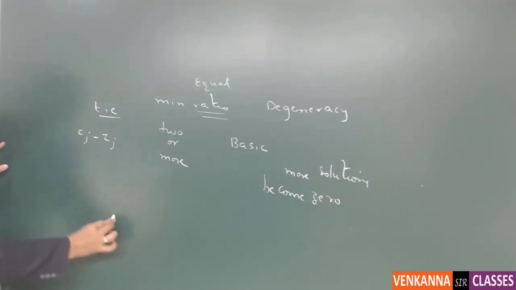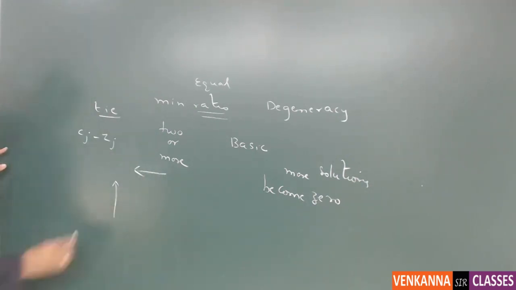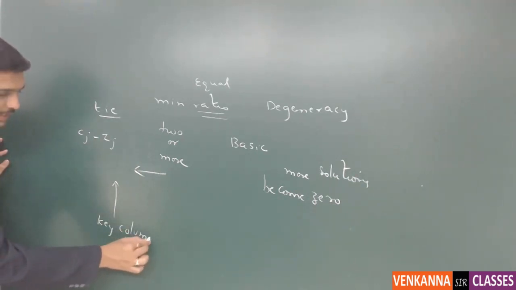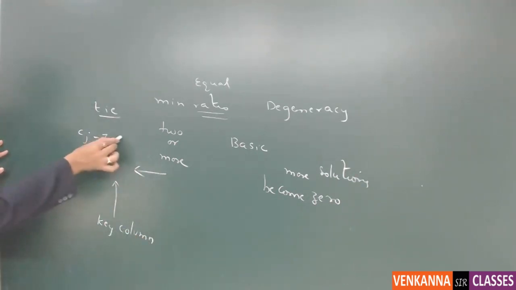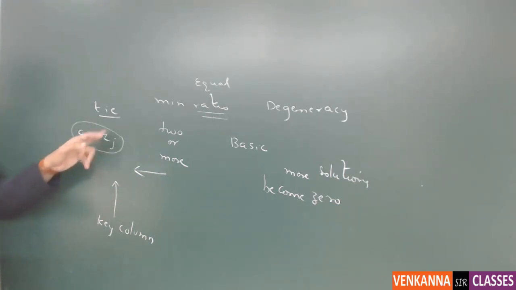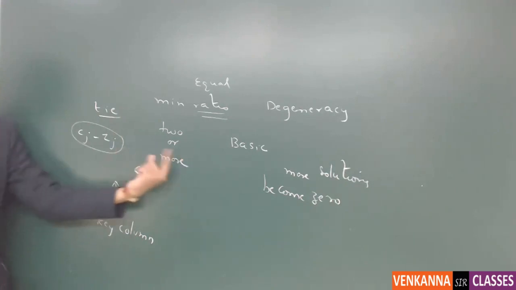We are selecting the key column and the key row here. In selecting the key column, we base it on Cj minus Zj. In such situations, a tie can happen. Later, based on the ratio, we select the pivot element.